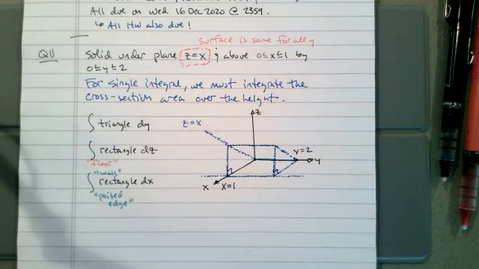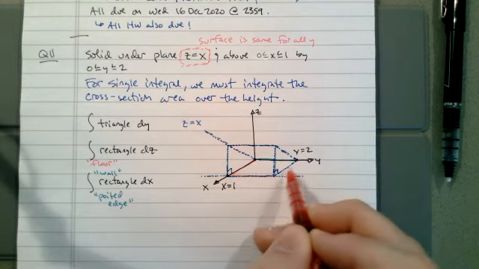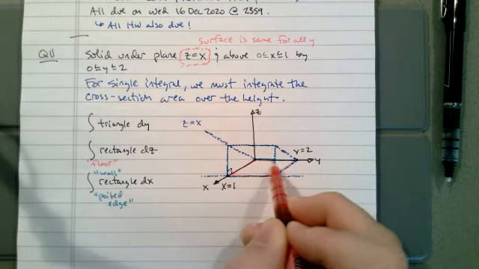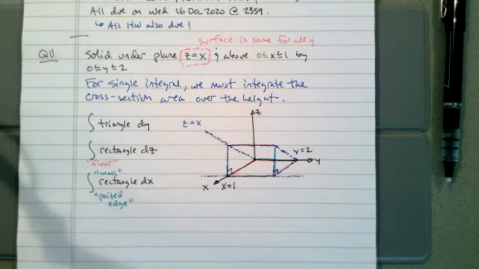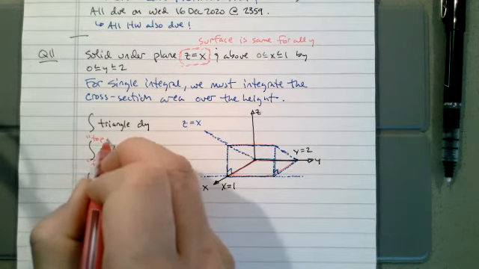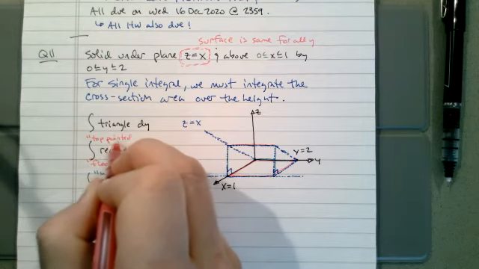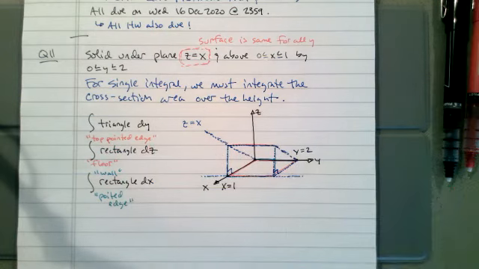Integrating dz will be starting off at the floor, which would be this floor down here, and ends at the pointed part at the top. So those are the 3 possibilities we have for the single integral.